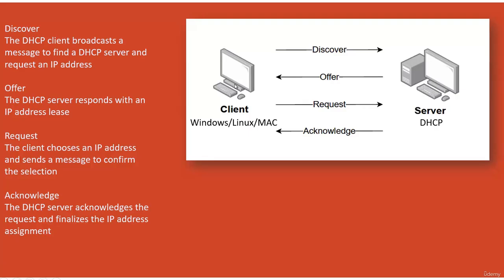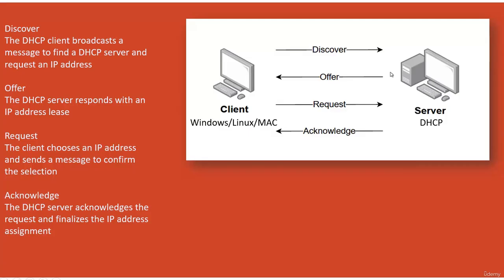Once your machine powers on, it looks for the DHCP server, asking, give me the IP address, give me the IP address. Once the DHCP server receives a request, it will offer an IP address. So the DHCP server will offer an IP address to a client. How? The DHCP server responds with an IP address with a lease period.